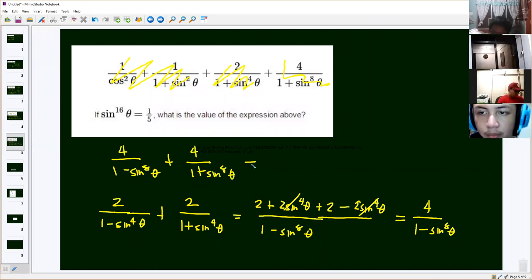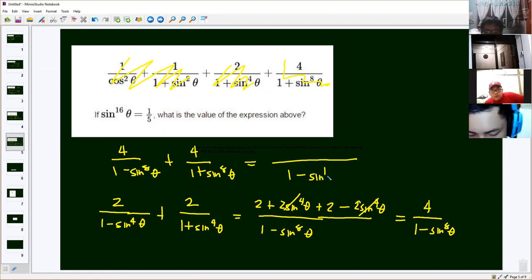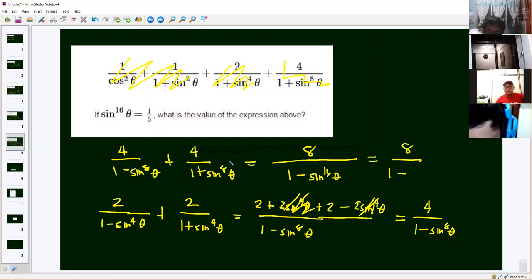The LCD would now have to be 1 minus sine to the 16. Divide by that times 4. You know these things cancel out. You'll just be left with 4 plus 4, and that's 8. So you know that 8 over 1 minus sine to the 16, which is already given, 1/5. So you know that's 8, 1 minus 1/5 is 4/5. That's the same as multiplying it to 5/4. 2 times 5, the answer is 10.